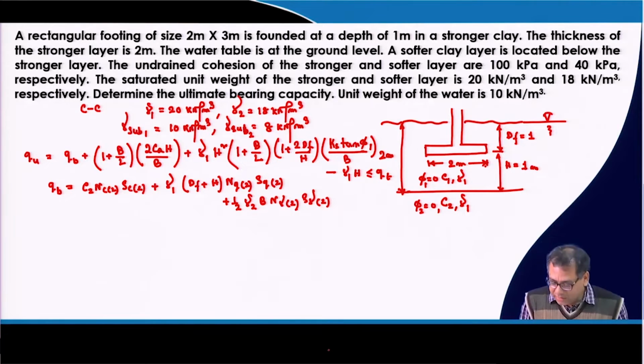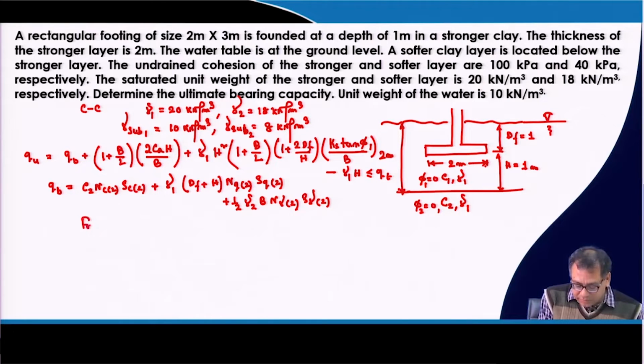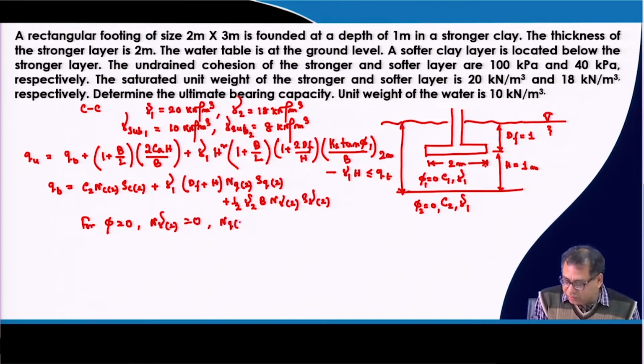Now, for this particular case, my phi2 is equal to 0. So, my N gamma2 will be 0, and Nq2 will be equal to 1. And Nc2, as per Meyerhof, is 5.14, because we are using Meyerhof's theory.